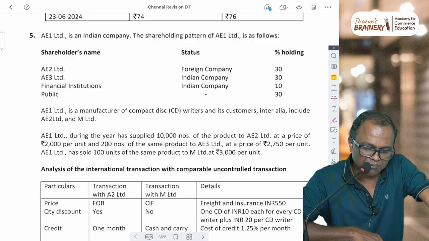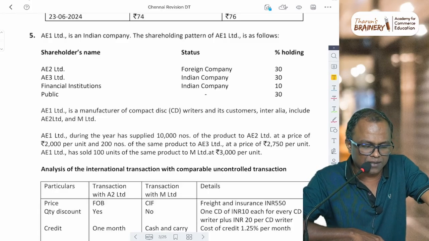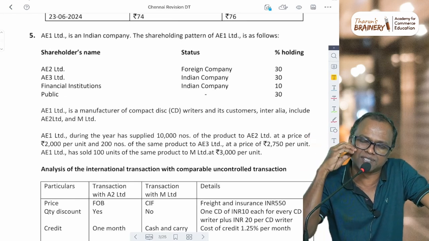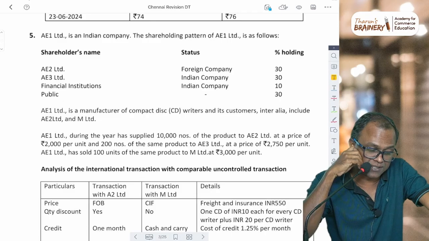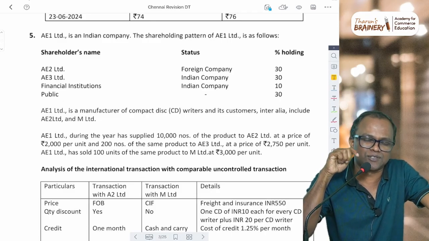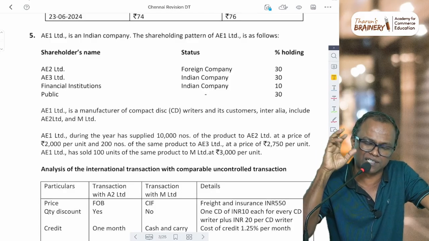And the unrelated party is M Limited. With M Limited, they made a sale of only 100 units. There is a practical difficulty. There are some different views there. See, how can you compare a transaction of 10,000 numbers with 100 units? That is an issue. But practically, when we are doing transfer pricing, we will use some filters, product filters and turnover filters.